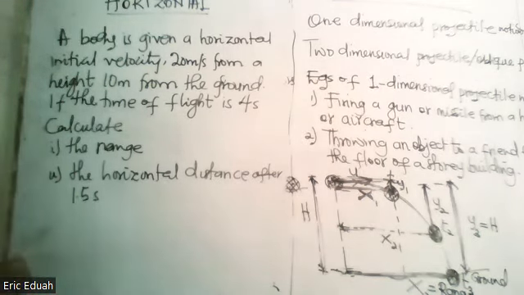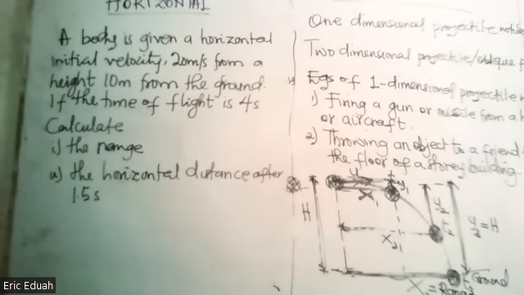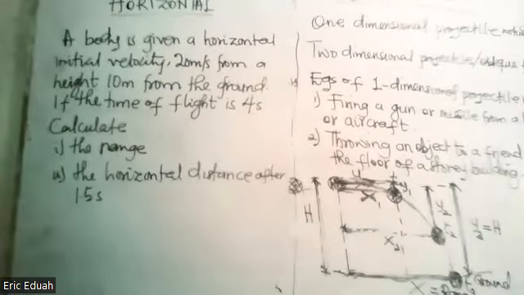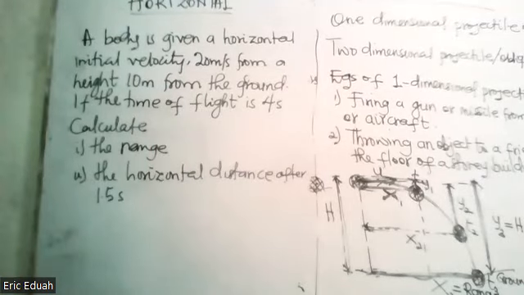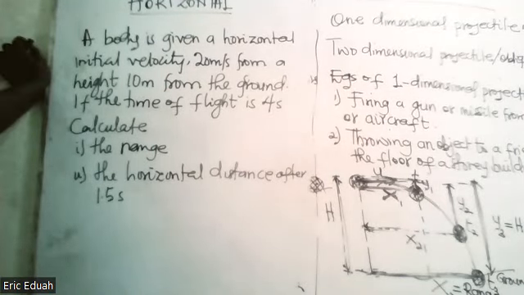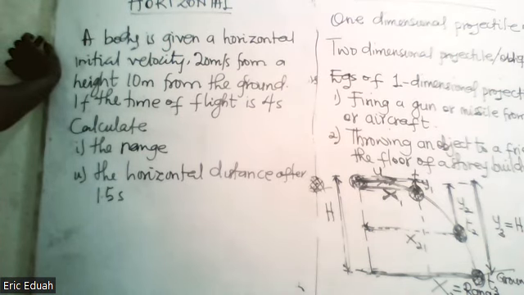So, a body is given a horizontal initial velocity of 20 meters per second from a height of 10 meters from the ground.